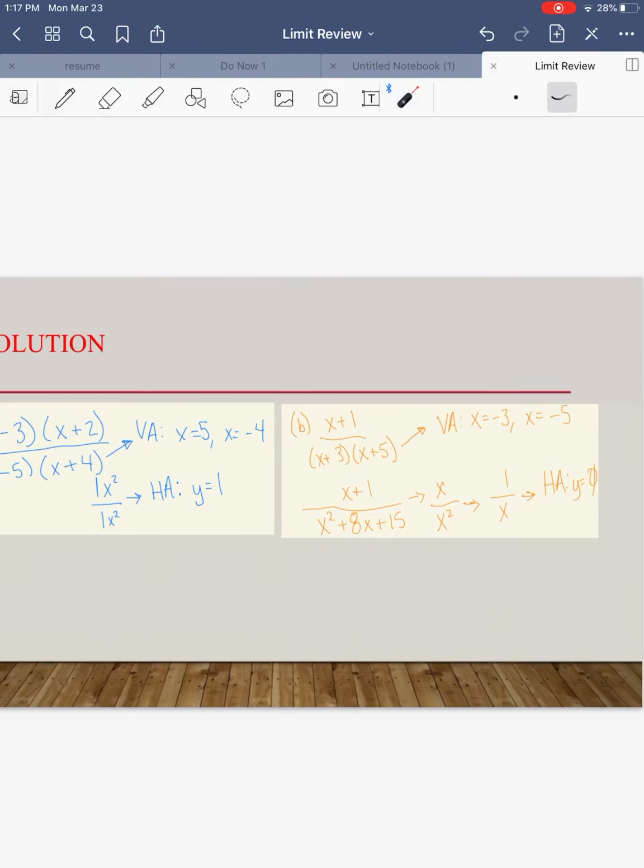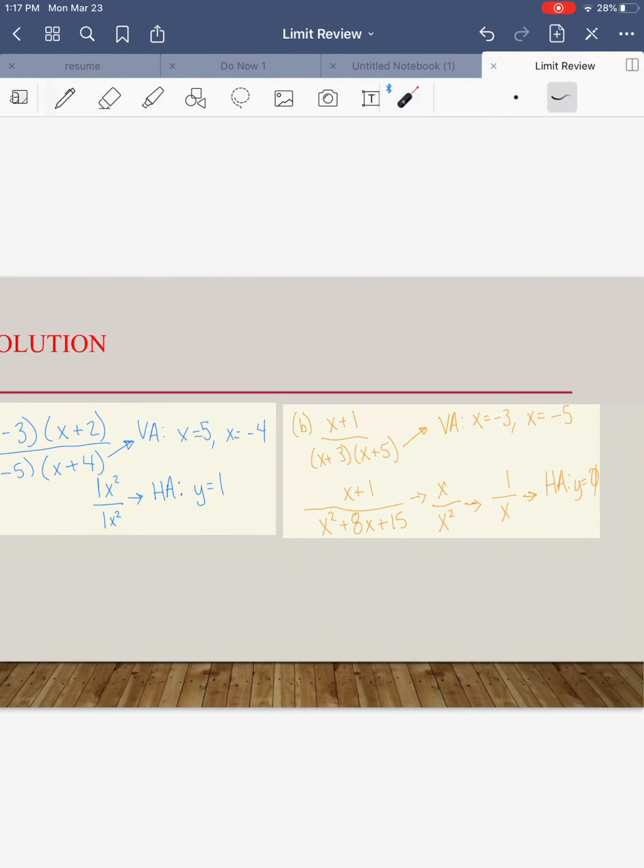And then the next part, the top part was already factored. And the bottom part factored out to x plus 3, x plus 5. So remember, x cannot equal 3 and x cannot equal 5. Therefore, it creates a vertical asymptote.